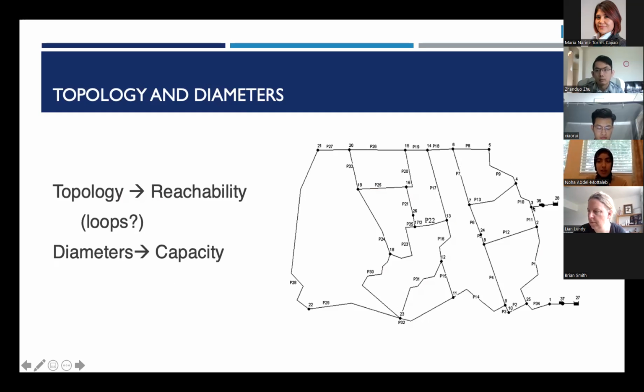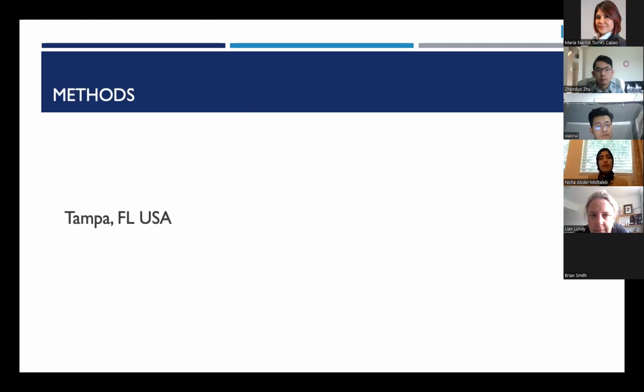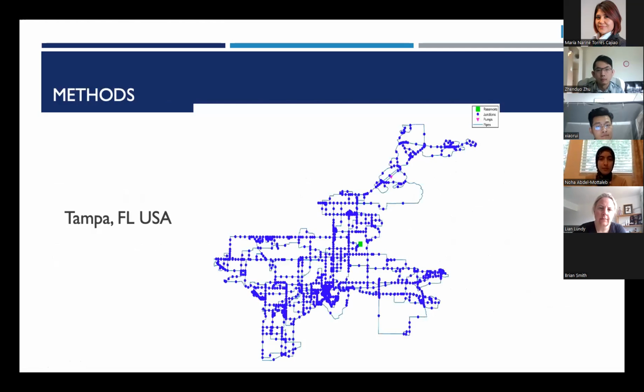We can take this path right here. However, if this path is impacted, we don't know if there is enough capacity, if the diameters are wide enough or large enough, to allow the demand to be met using just one of the flow paths. So that's just kind of giving an idea of the type of problem that we're looking at. And so again, the case study is Tampa, Florida.